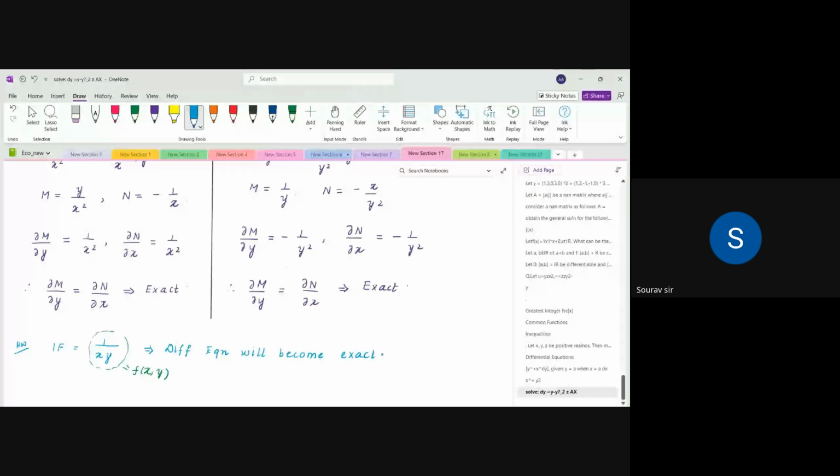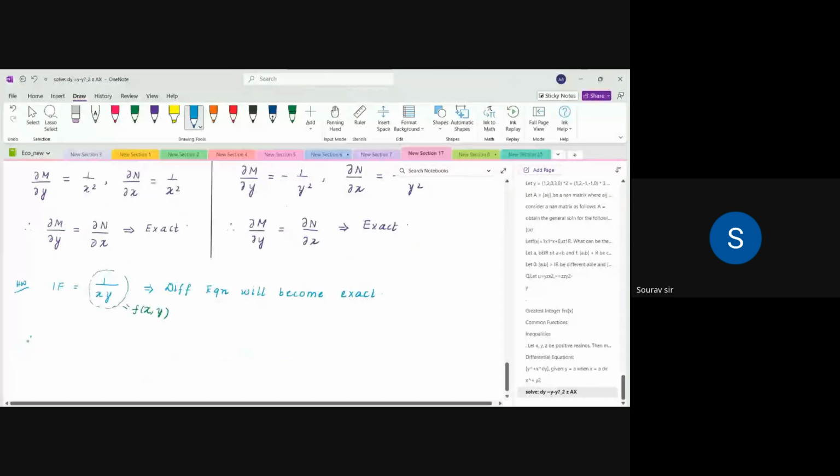Okay, so that means your integrating factor for a differential equation is not unique. Okay, a very, very important point to remember.